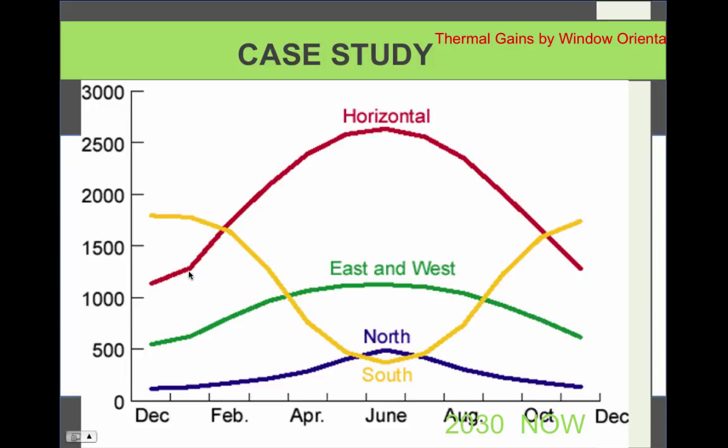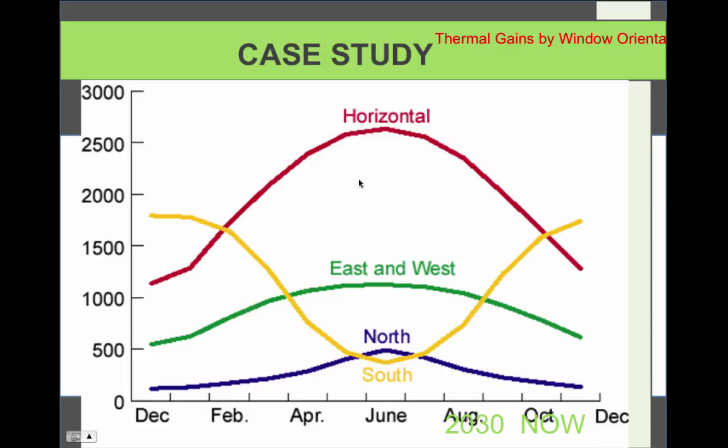So flat skylights on the top of a flat roof, you notice that it gets the minimal amount of energy in December, February, March, spring, fall, winter, and it gets the maximum amount of solar energy in June, July, August when you don't want it.